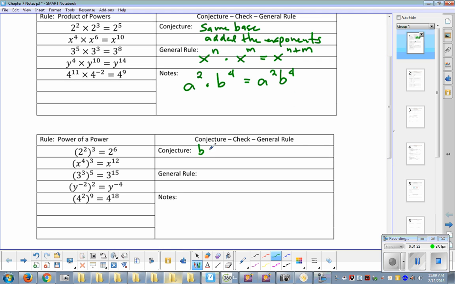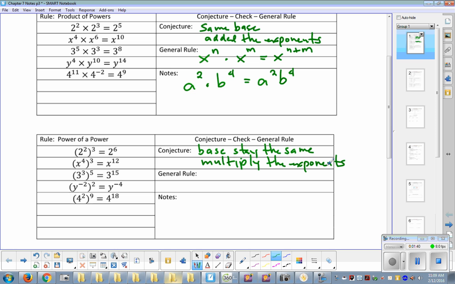So the base stays the same, and then multiply the exponents.